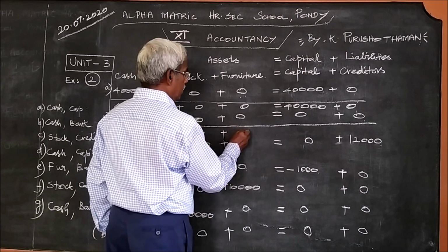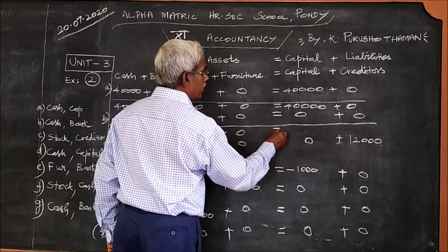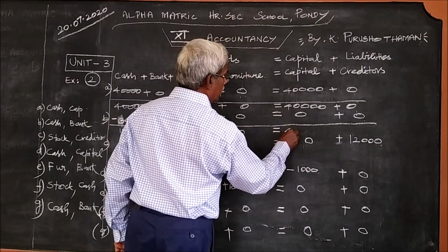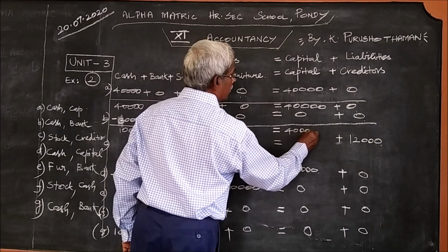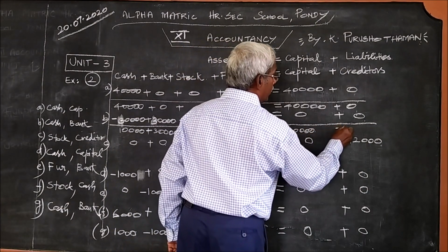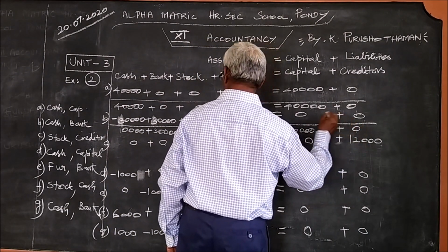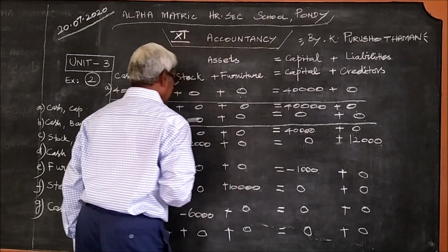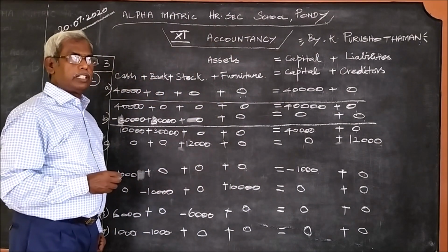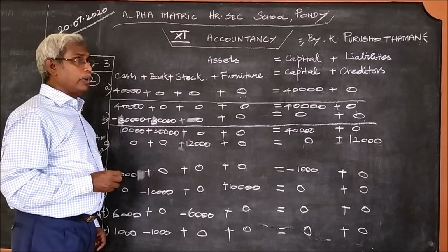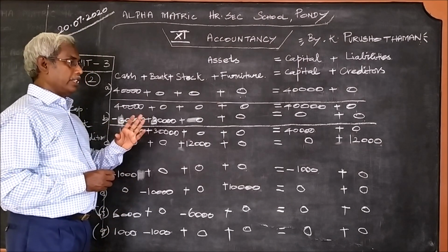Then 0 plus 0, 0. 40,000 plus 0, 40,000. 0 plus 0, 0. In each and every step you can check whether you are getting the equal answer on both the sides.